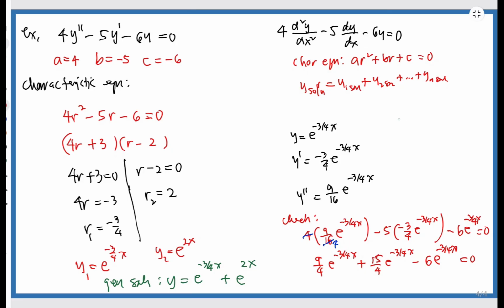What is 9/4 plus 15/4? 9 plus 15 is 24, so 24/4. What's 24 divided by 4? 6. So this is just 6 e to the negative 3/4 x minus 6 e to the negative 3/4 x equals 0. So yes, y equals e to the negative 3/4 x is a solution.